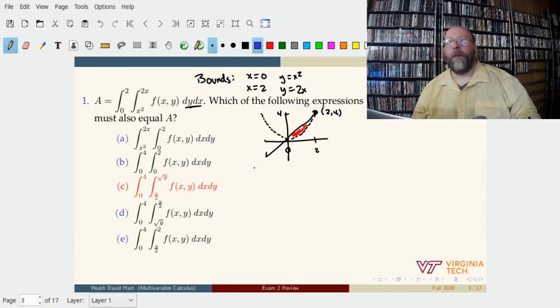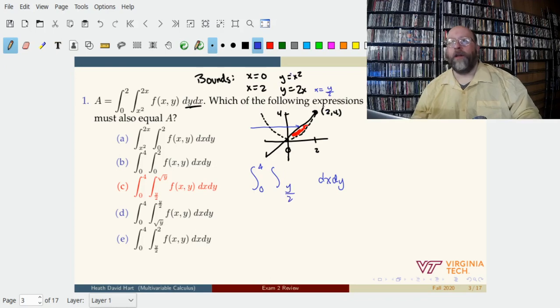So if we set this up in the other order, dx dy, the y-coordinate takes constants, which go from 0 to 4, and the x-coordinate enters at the straight line. This is the line x equals y over 2.